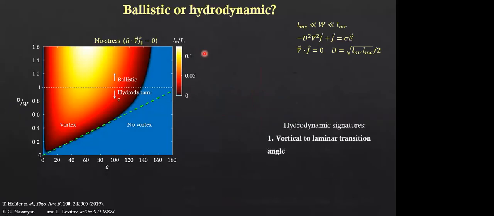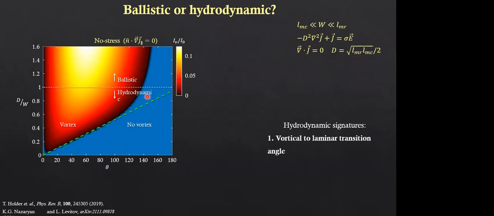So the signature of hydrodynamic behavior would be to look at how the vortex to no vortex, the vortical to laminar transition happens. Because if it's in the hydrodynamic regime, then the vortical to laminar transition angle is almost linear here.